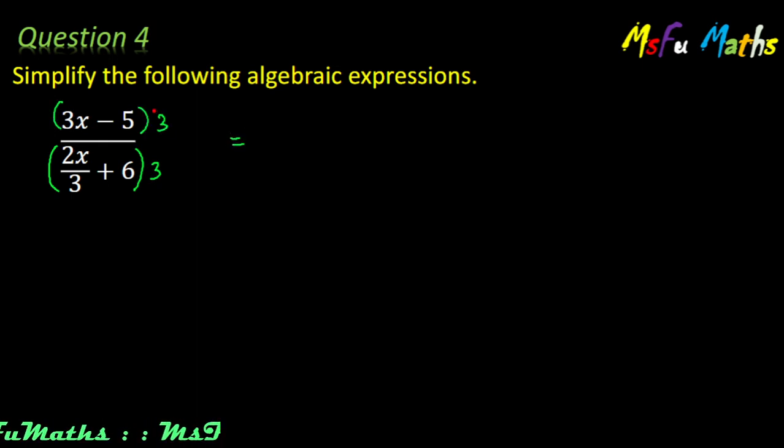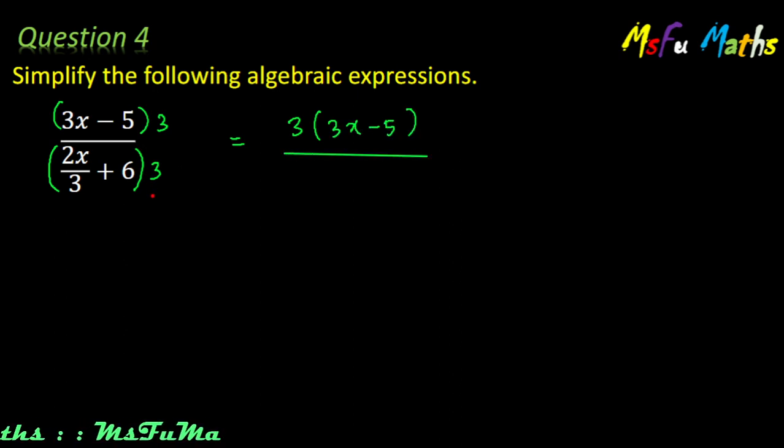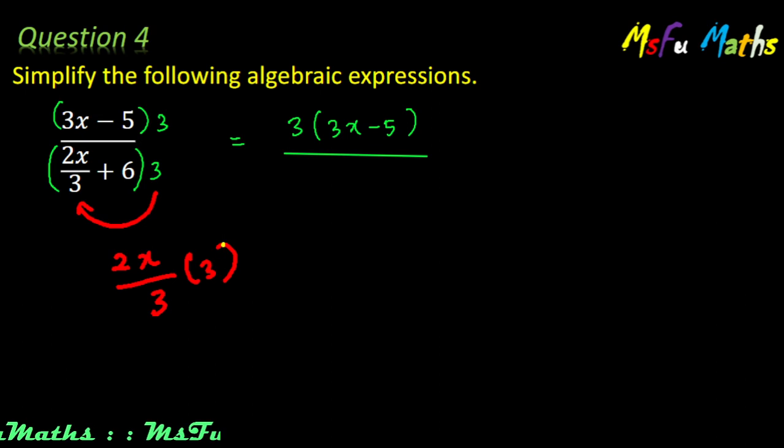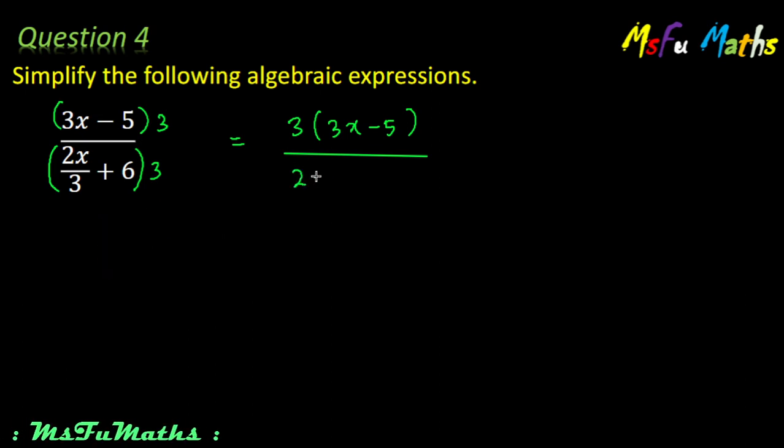For the numerator, no need to expand, we just leave it like that: 3x minus 5. Over this part here, 3 times 2x over 3, you can cancel the 3. So what remains here is just 2x. And then 3 times 6 here is 18.